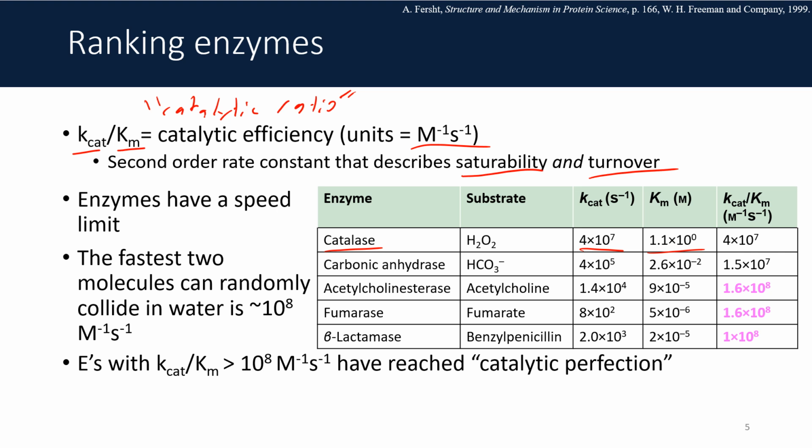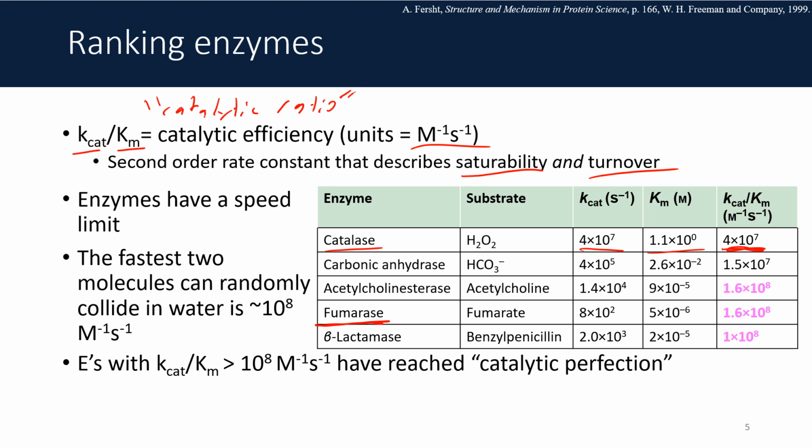So we're going to divide the gold medal of turnovers, 40 million, into approximately 1. So our catalytic efficiency is still 4 times 10 to the 7, give or take, which is still quite efficient, I'll have you know, but we are considerably hindered by that very large Km, which is at the bottom of the fraction.